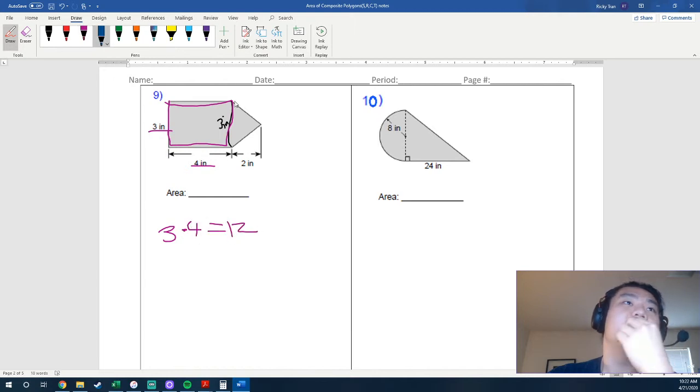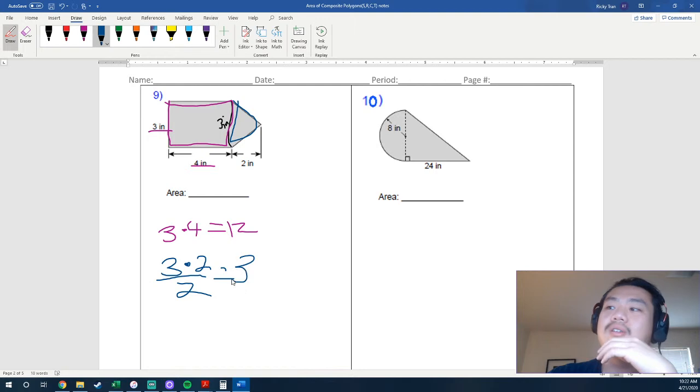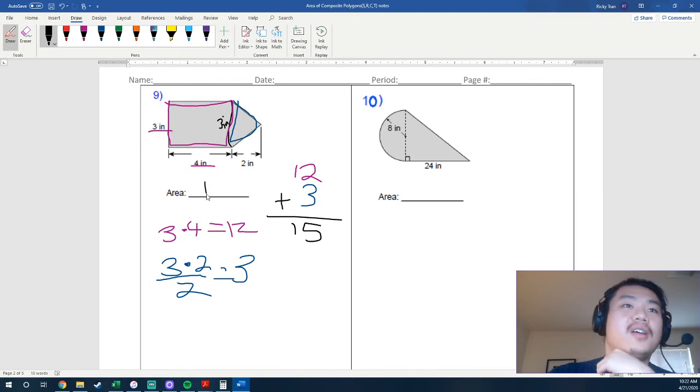And then we have area of the triangle, which is 3 times 2 divided by 2, or 3. Okay, then we take that. We have 12 plus 3, 15. All right, 15 inches squared.